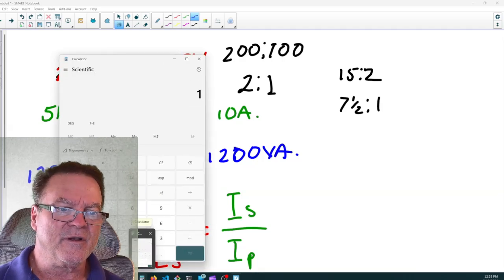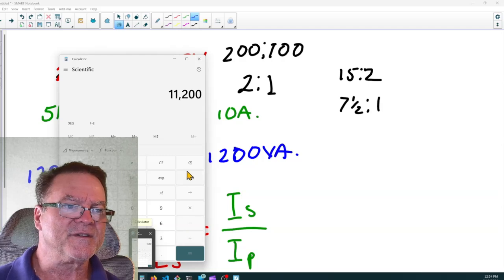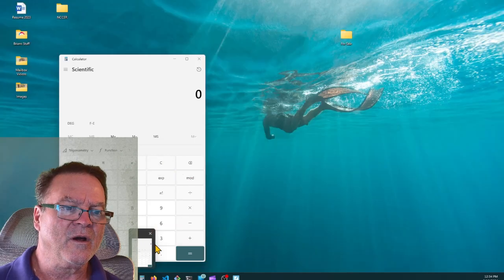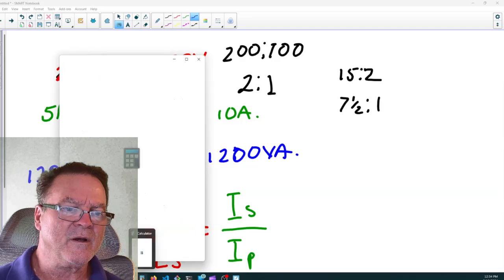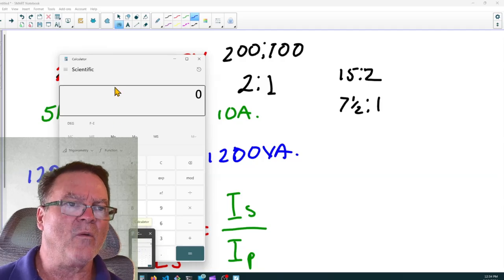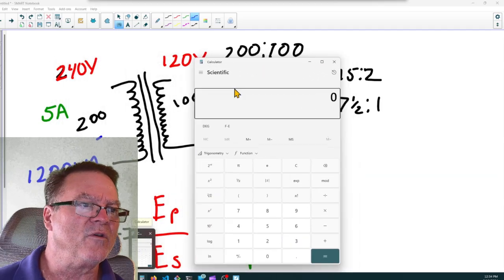So if I said 1200, this stupid thing, why are you doing that? It puts the symbol in front of it, and I can't use it. There, I'll move over.